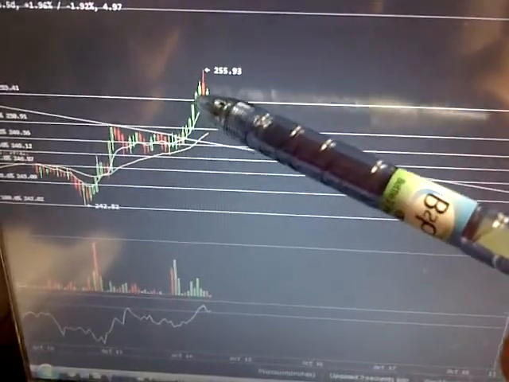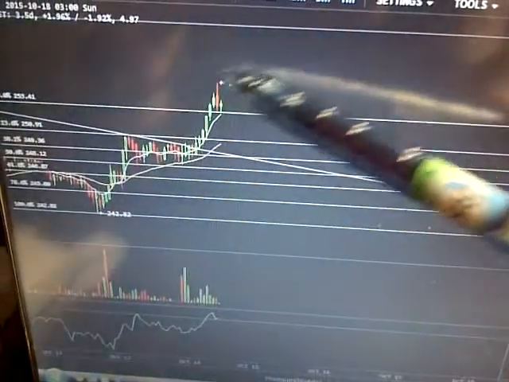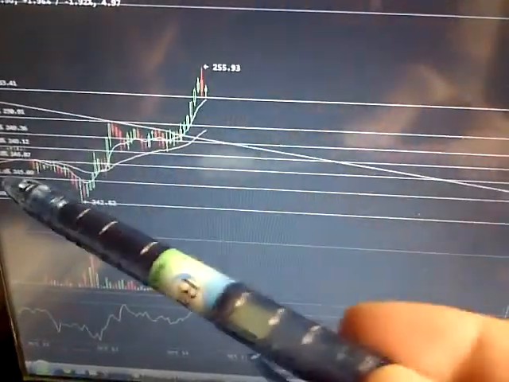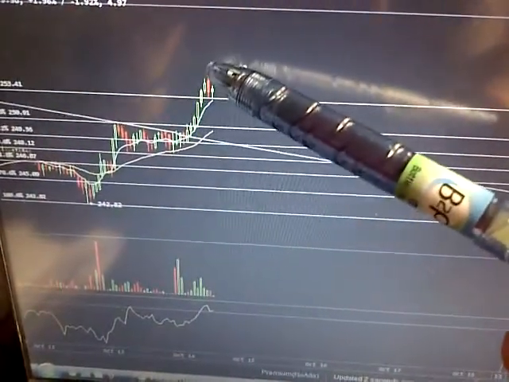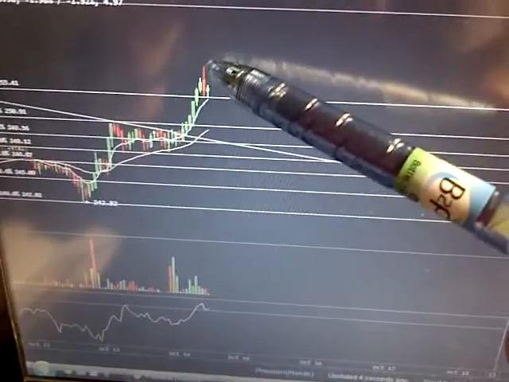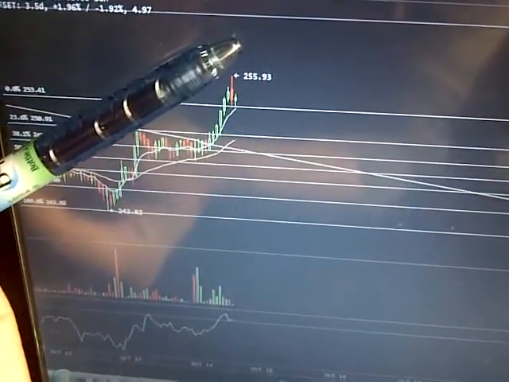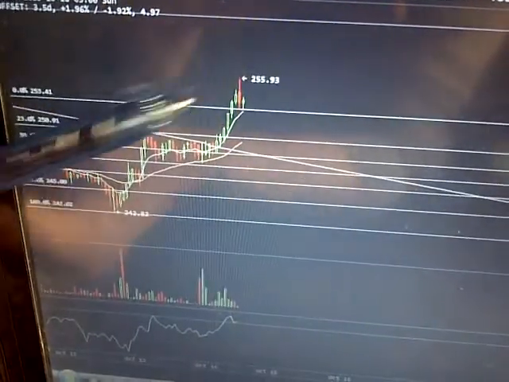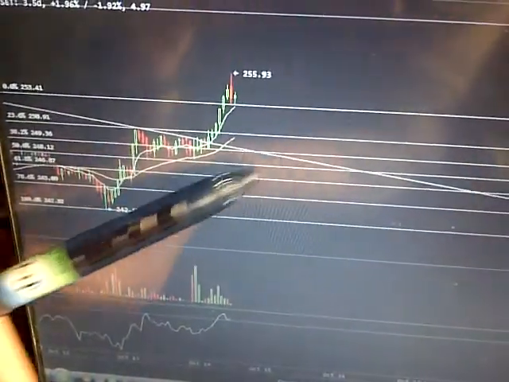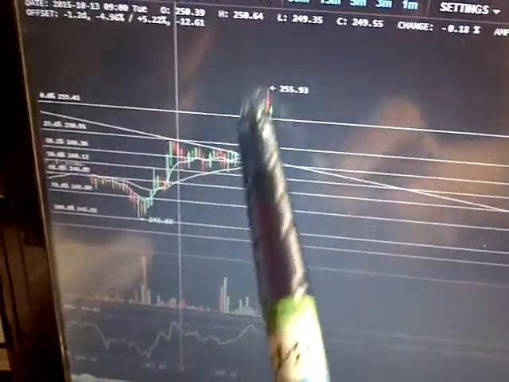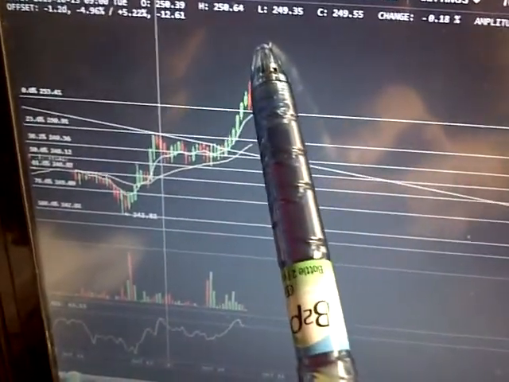It went up past this, and I'm sure there's some kind of channel line here that you could probably draw in, and it's probably hit the top side of that channel, trending upwards, something kind of like this, or like this, whatever lines you want to draw. You see that channel just moving along here, or it's going past that channel and breaking out of it, pushing even higher.